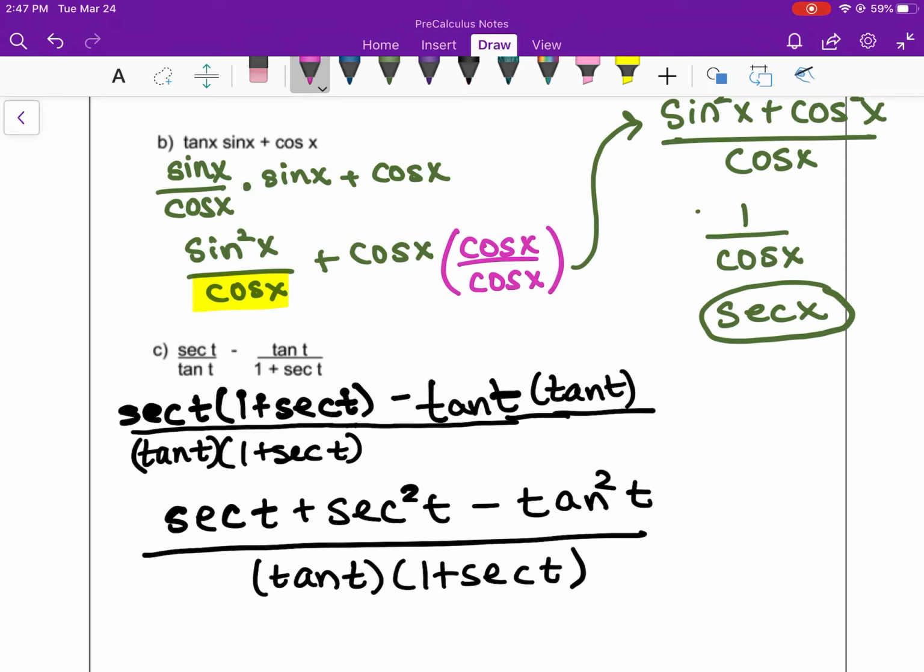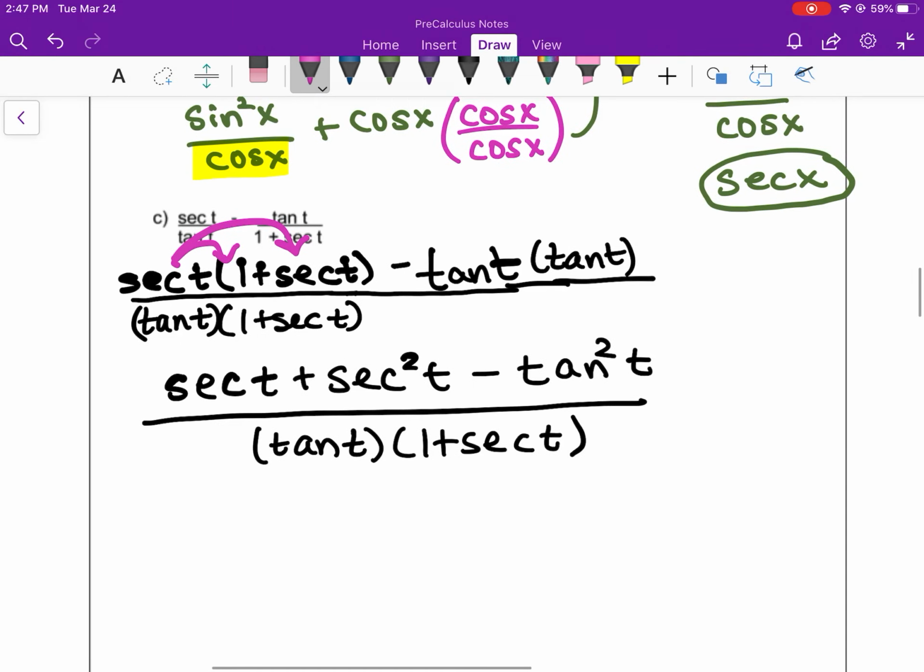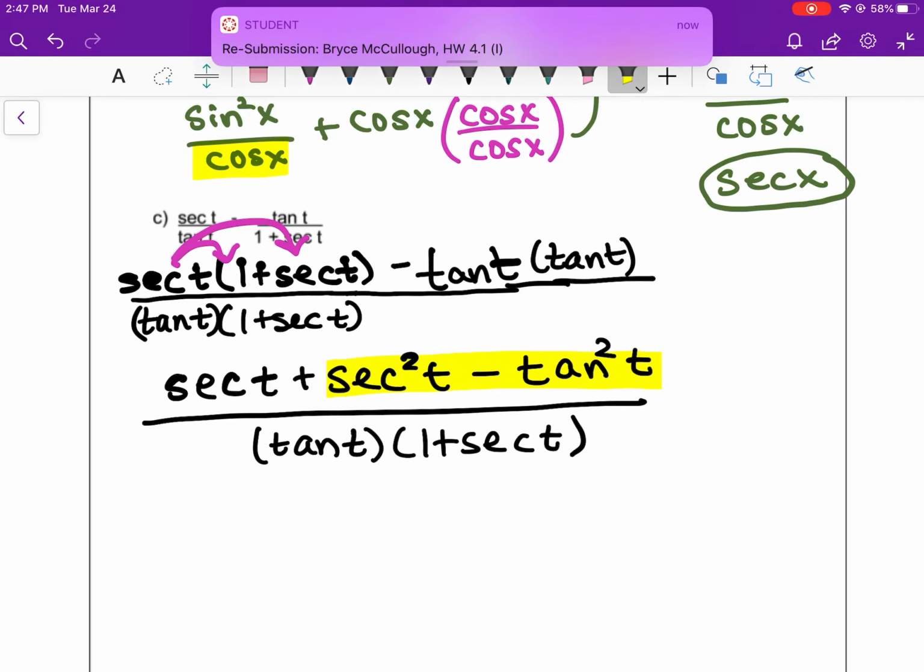Okay, so I have distributed here. All right, secant squared minus tangent squared. And look back on page 348, and that's another variation of a Pythagorean identity. That becomes 1.